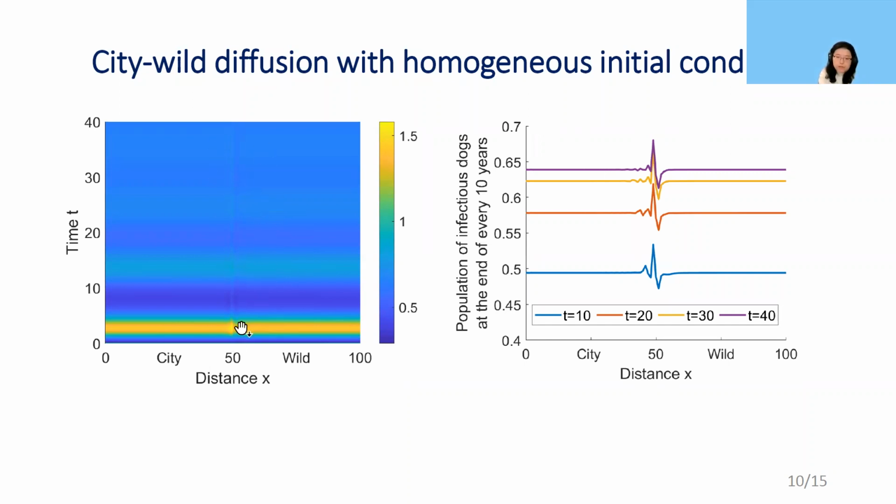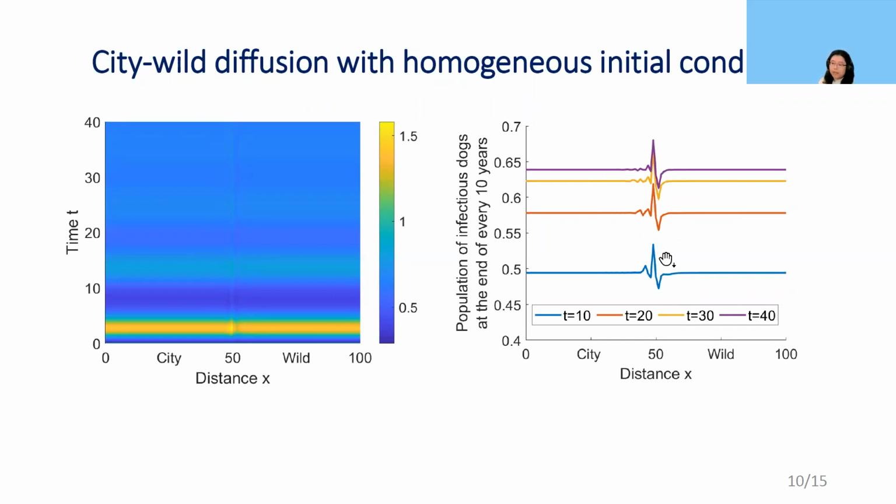We can also observe an active interface between the city and wild regions. The right figure shows the population of infectious dogs at the end of every 10 years. We can see a peak on the city side near the interface and a valley on the wild side near the interface.